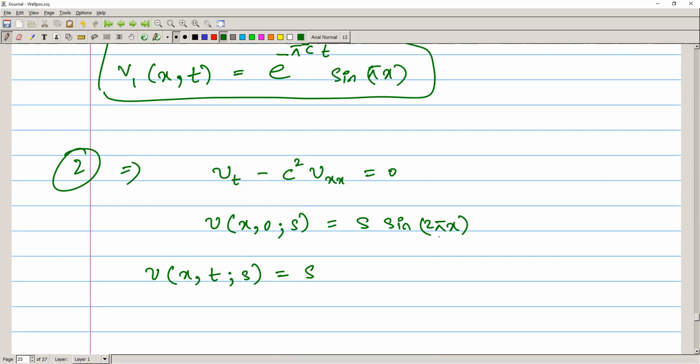So now we can see that here it is 2 pi, so n is equal to 2 pi, right? So we can write e to the power negative n squared, that is 2 pi squared. So it will be negative 4 pi squared c squared t sine 2 pi x. All right.